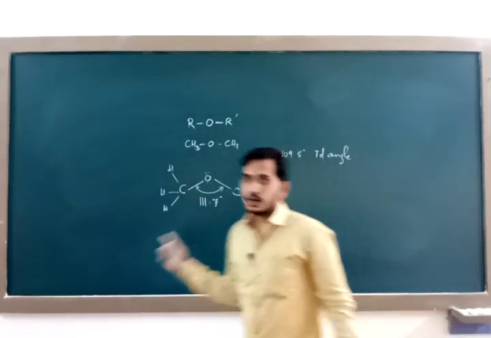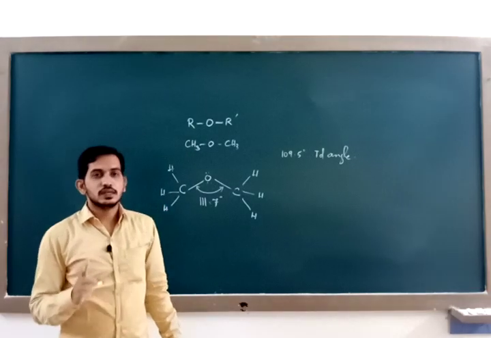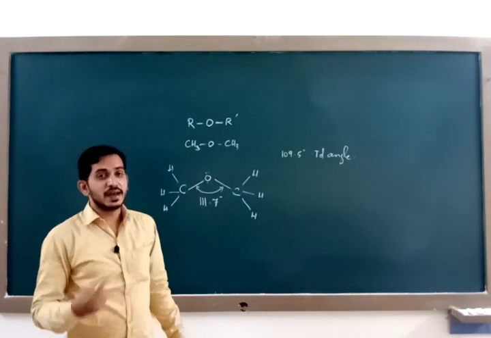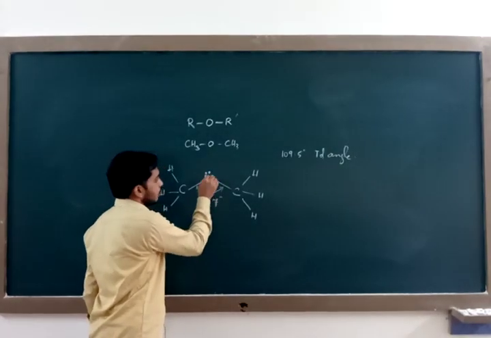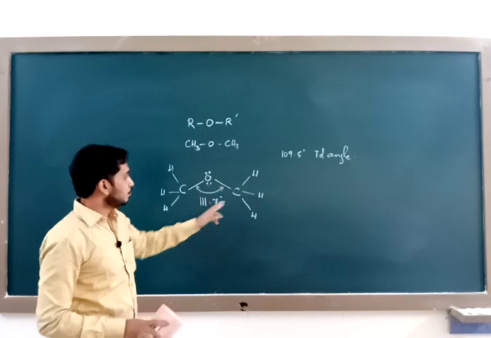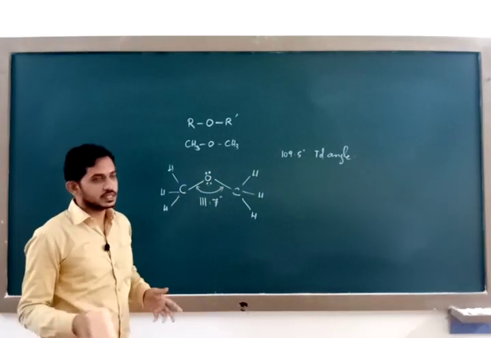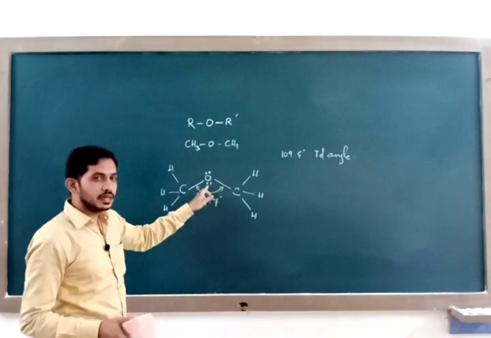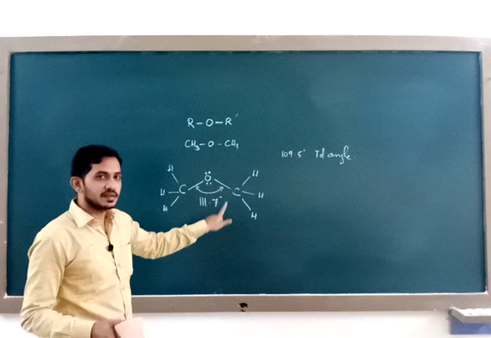Ethers are angular molecules. Why are they angular? It is because of the repulsions of the electron pairs of oxygen and the presence of the 2 bulky groups. For these 2 reasons, ethers have an angular shape. Because of the angular shape, the ether bond angle is 111.7 degrees.